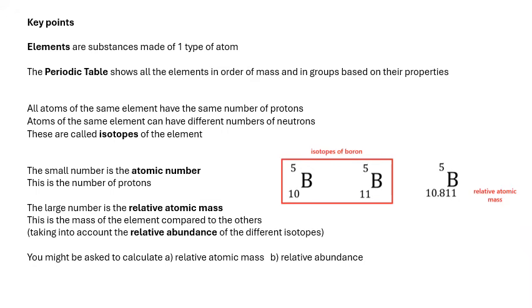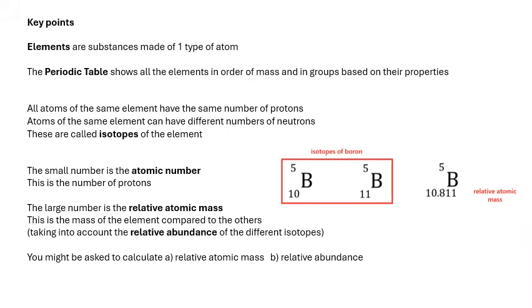Key points. Elements are substances made of one type of atom. The periodic table shows all the elements in order of mass, and they are in groups based on their properties. All atoms of the same element have the same number of protons. Atoms of the same element can have different numbers of neutrons, and they're called isotopes of the element.